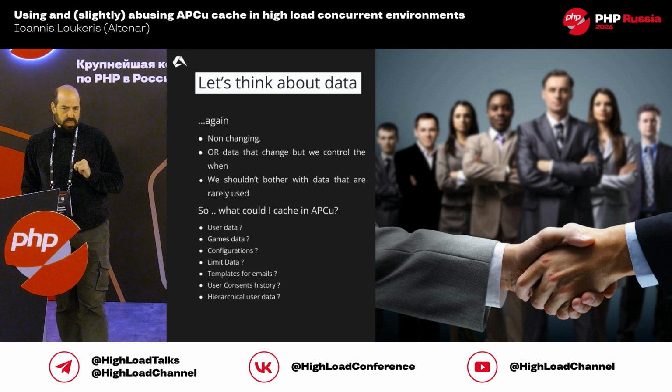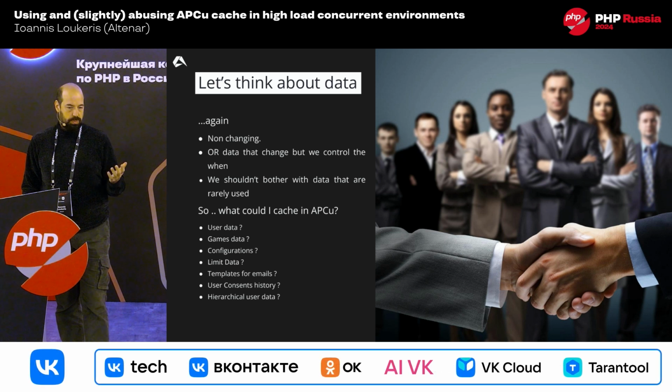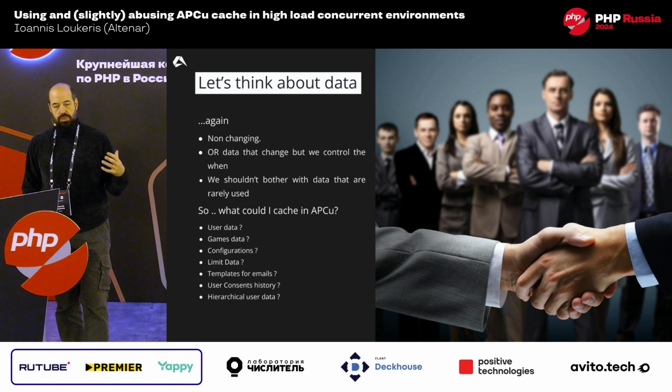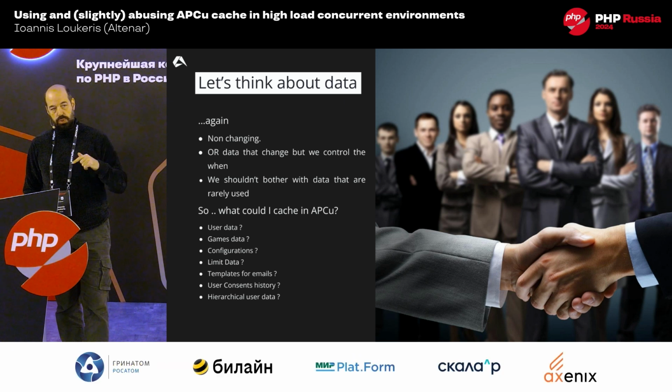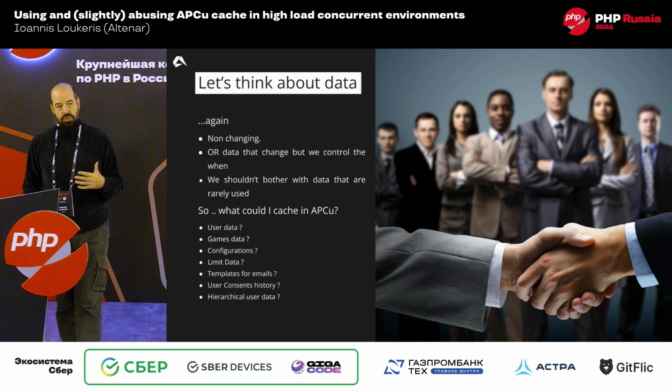So, back to the drawing board. Let's see what we can do to dig ourselves, myself, out of this hole. We need to think about data. We need to find data which are not changing, or data that I can control when they change. And we should never bother with data that are rarely used, because there's no reason to do that, just a waste of time.